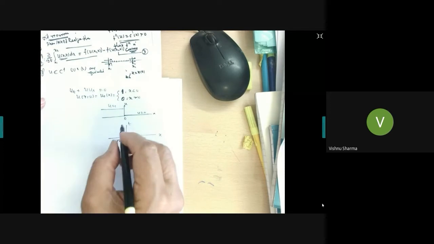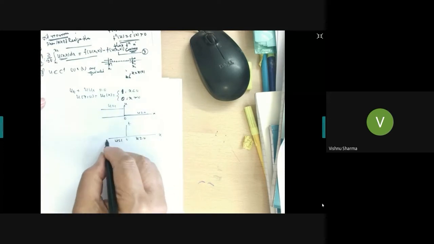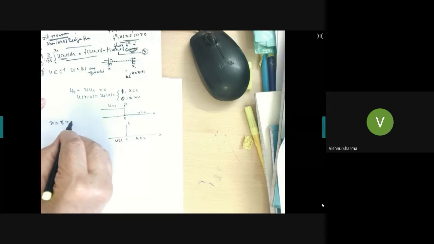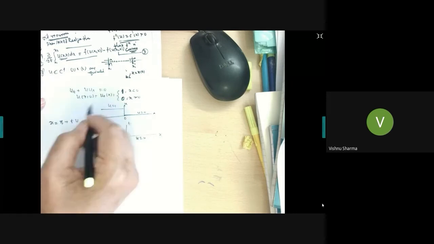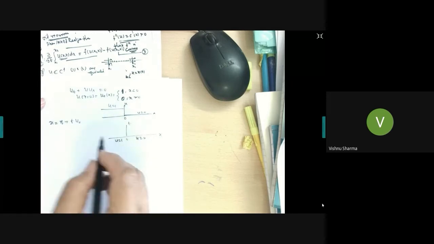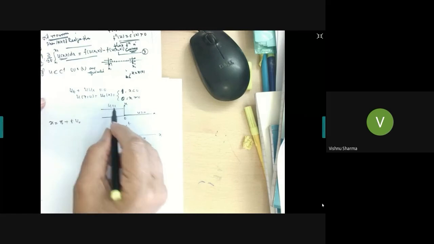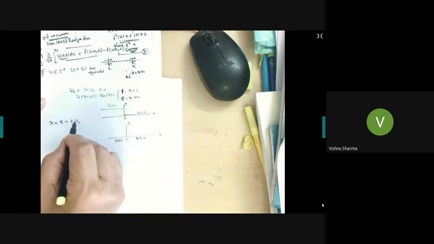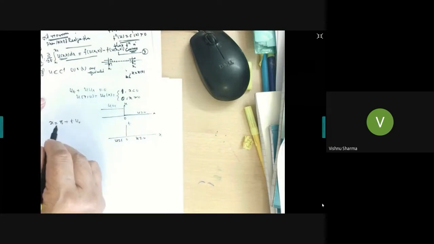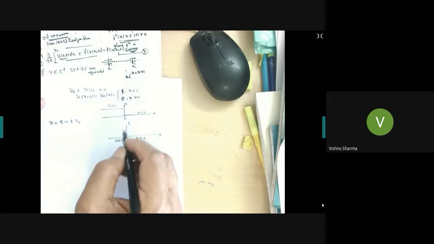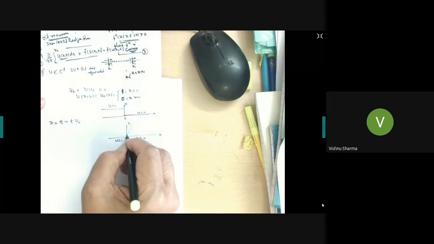What are the characteristics? x is equal to xi plus t times u. Am I right? u is nothing but u naught, your initial profile. On the left it is 1, on the right it is 0. So on the left x is equal to xi plus t, so the leading characteristic emanating from this will be x is equal to t.